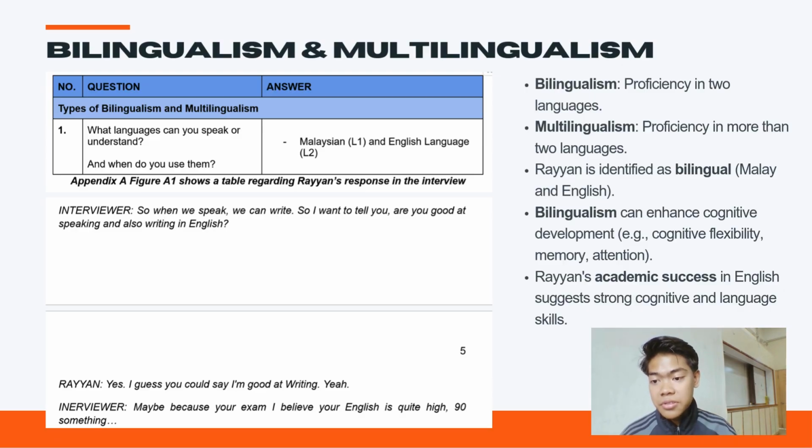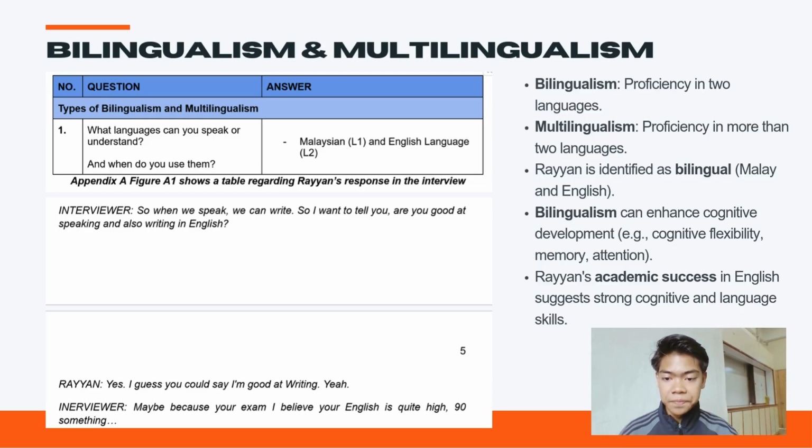As you can see on the left side of the slide, in the blue colored table, which is a part of the questionnaire that I interviewed Ryan with, it asked what languages can you speak or understand and when do you use them. When I interviewed him, he stated that he can only speak Malay and English, because in the interview that we conducted, he only spoke Malay and English and not more than that.